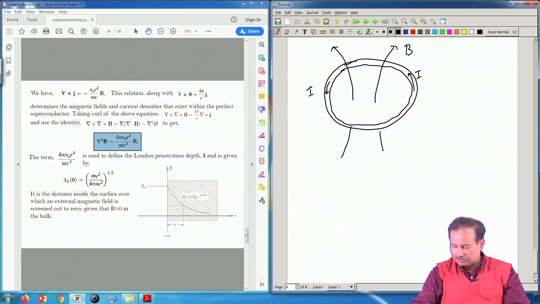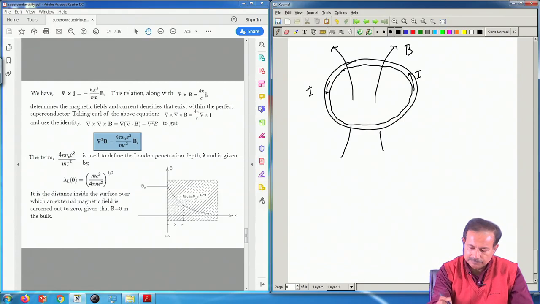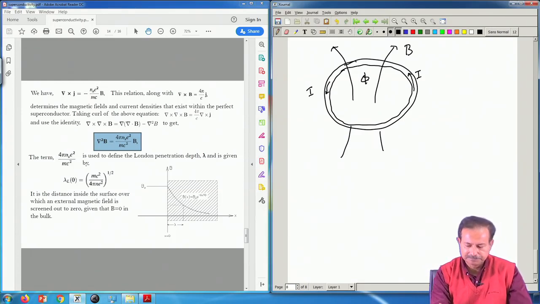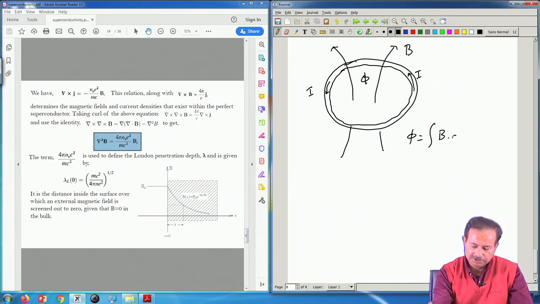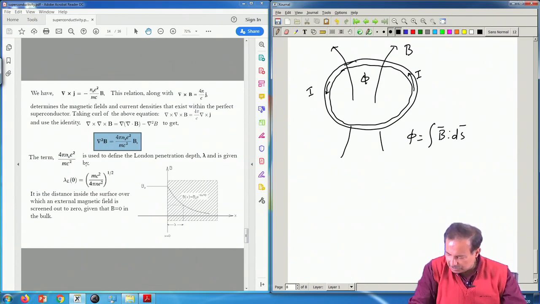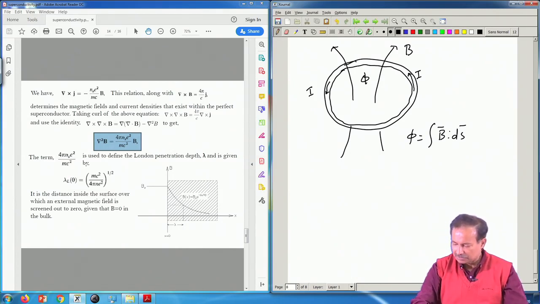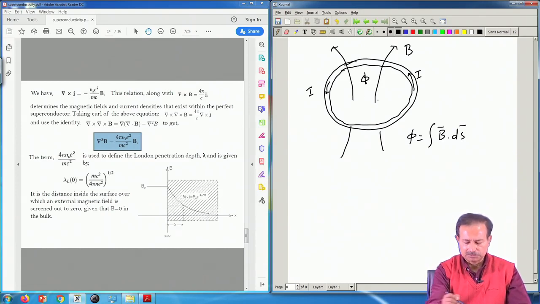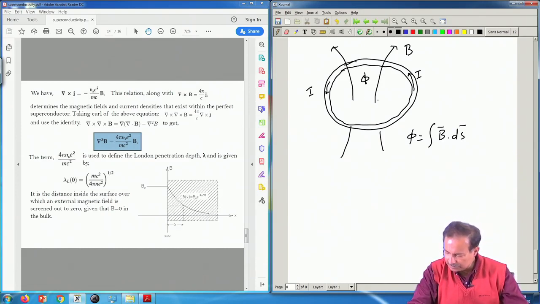Okay. So, how do I find that? Suppose this flux is phi. So, phi equals the integral of B dot ds. This is to be integrated over the surface, and ds is a surface element normal to B, the plane of this ring, for example.